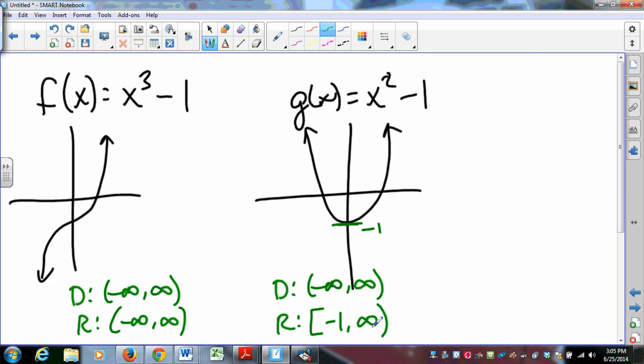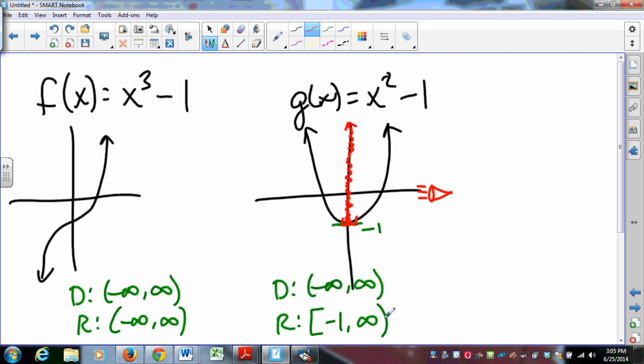If it helps you, when you're looking for range, I imagine that over here is some gorilla shining a flashlight on our function, and the function casts a shadow on the y-axis. Where that shadow is, from negative 1 to infinity, that is your range.